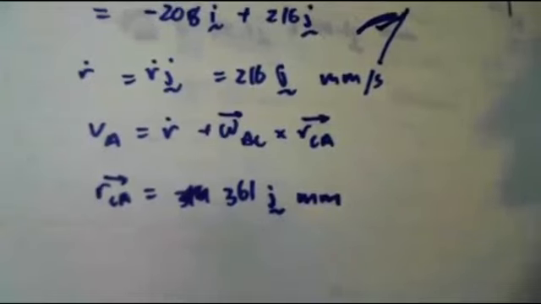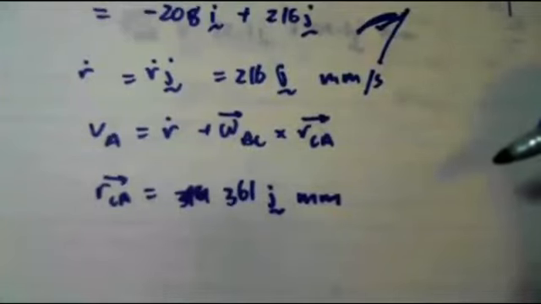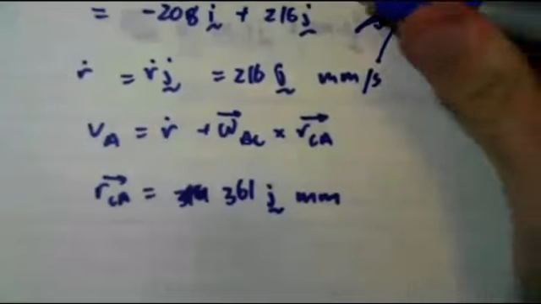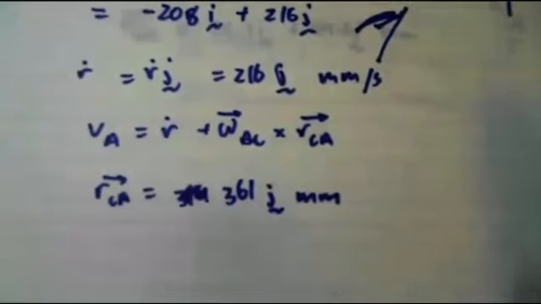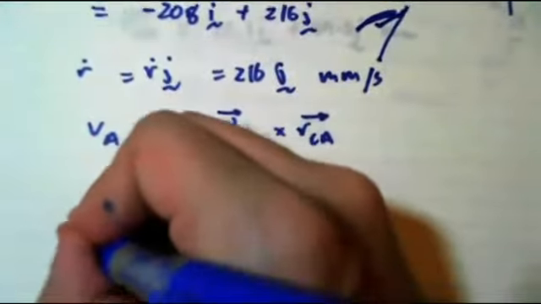The term omega BC cross RCA represents the velocity of block A rotating with bar BC without any sliding motion. So just that rotation. If we combine both terms, then we end up getting the total velocity of block A, which can be represented like so.